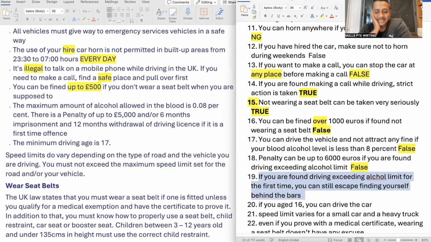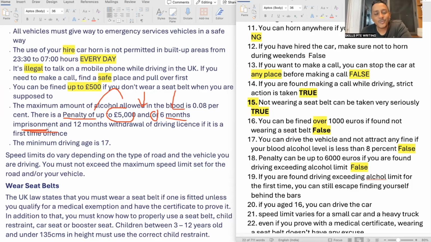If you're found exceeding the alcohol limit for the first time, you can still escape finding yourself behind the bars. You can still escape from being jailed. See here, there's a penalty of 5,000 euros and 6 months imprisonment. In some cases, it could be a penalty of 5,000 or 6 months of imprisonment.